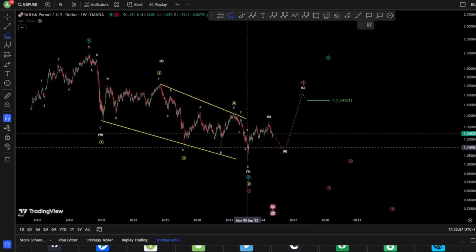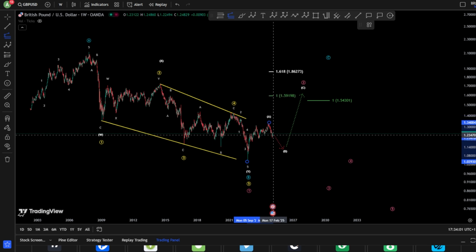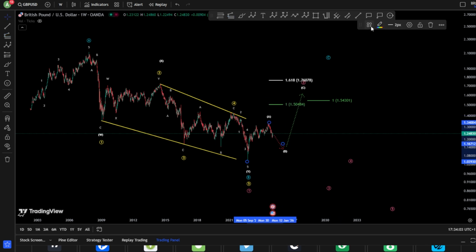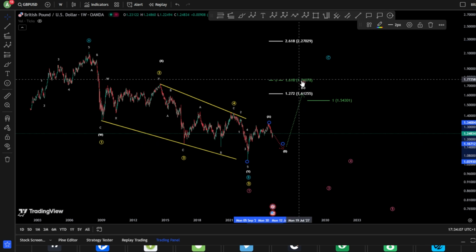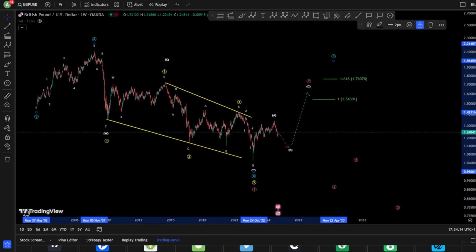Your target for this scenario, in case you are in a wave 1, 2, now the wave 2 did not reach the bottom yet 100%, but in case we take it virtually a little bit here, we are probably looking for 1.7 again for the British pound, probably for a wave C.